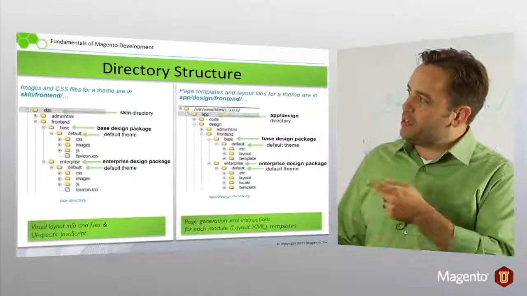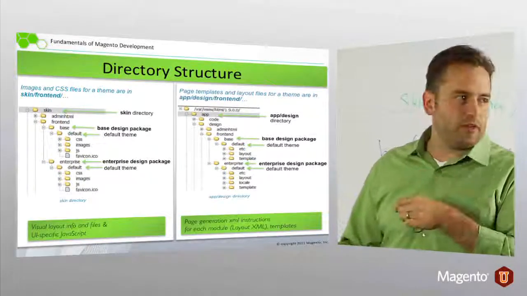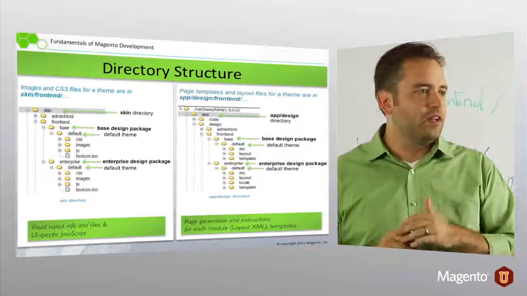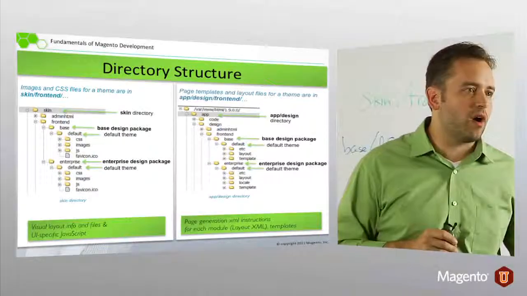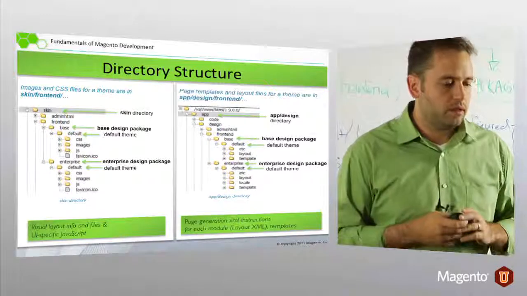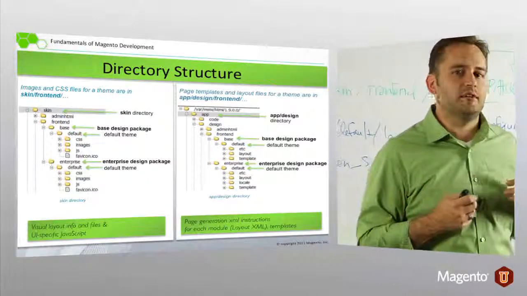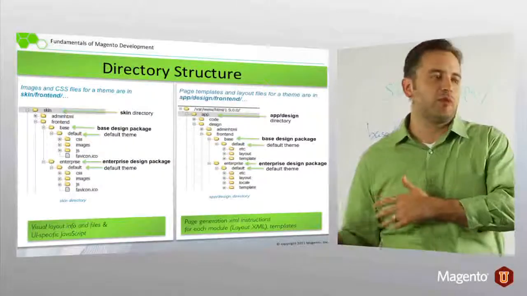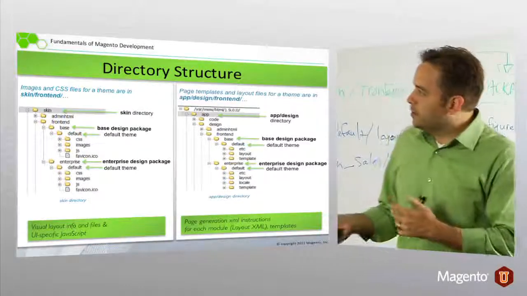In here we have our base design package and default theme. That's our final fail-safe fallback. And as a reminder, if we have any kind of custom template or layout file for our module, that's where we would put it.